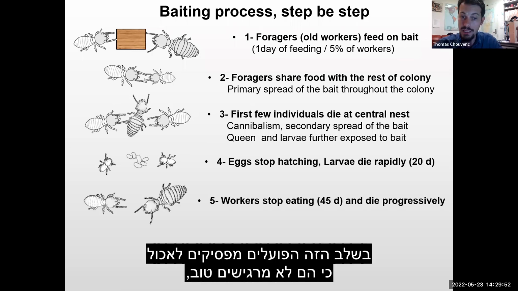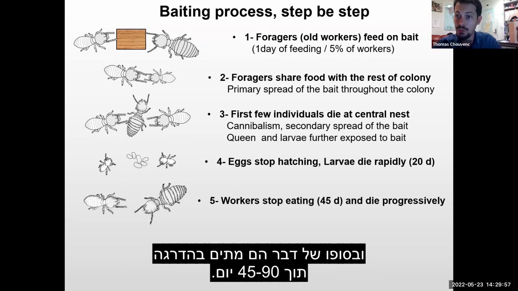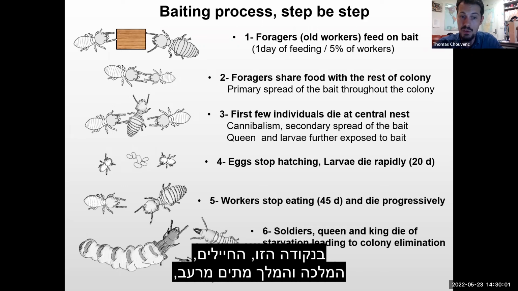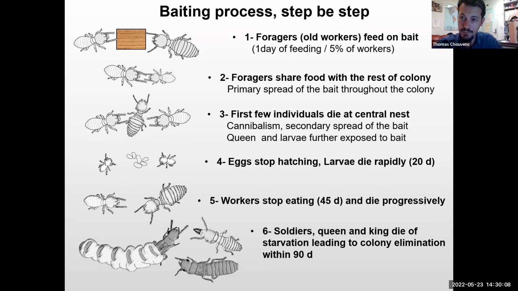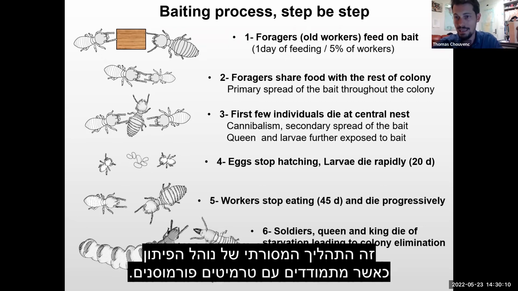Then the workers stop eating because they don't feel great, and they eventually die progressively between 45 to 90 days. At this point, the soldiers, the queen, and the king die of starvation, leading to colony elimination. That is the process of a classic bait protocol when you're dealing with Formosan subterranean termites.